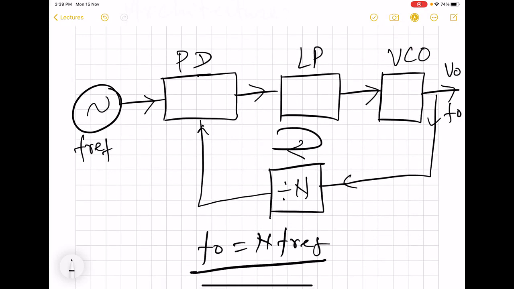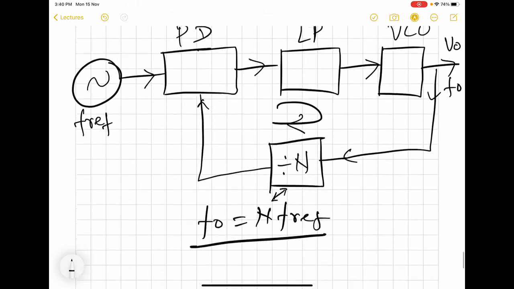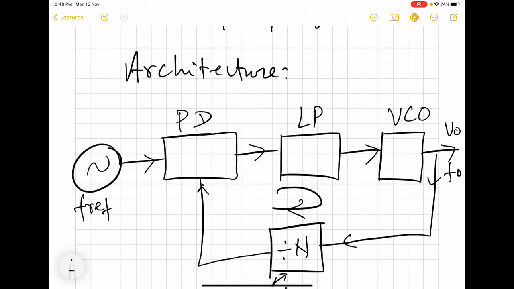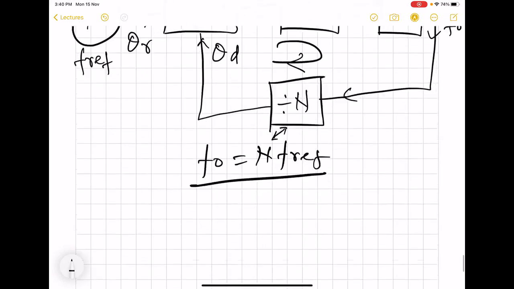You can see that this N appears because of this divider appearing in the architecture of this frequency synthesizer. It is said that this PD block senses the phase of the F reference and the phase of the divider signal, and it produces an error proportional to the error between the reference phase and the divider phase.